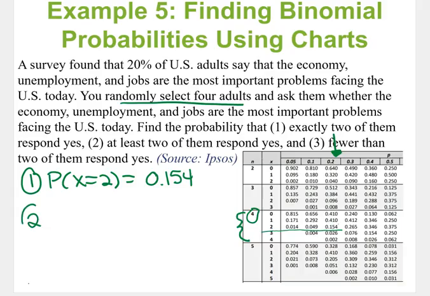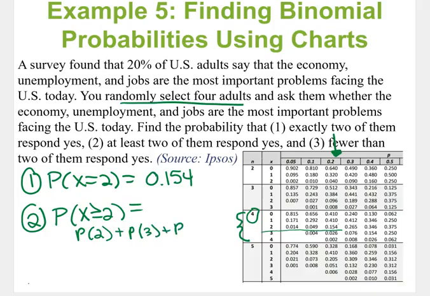All right, number 2, we need to find the probability that at least 2 of them, so x is greater than or equal to 2. So that's going to be the probability that it's equal to 2. I can write, we want the probability that we get 2 plus the probability that we get 3 plus the probability that we get 4.